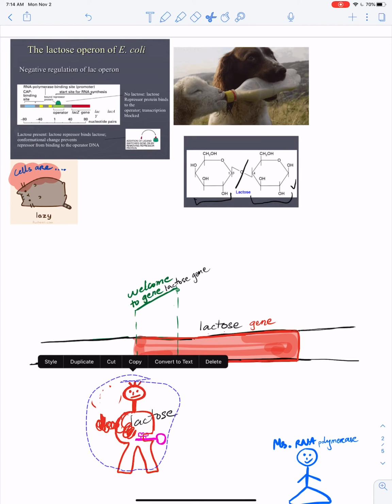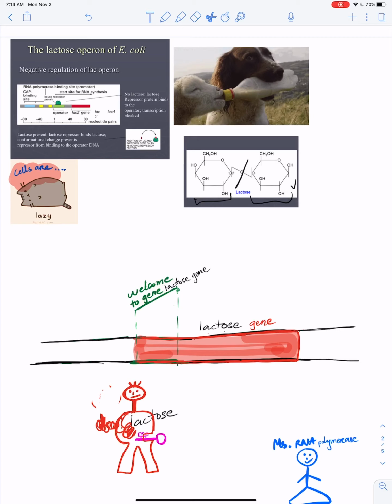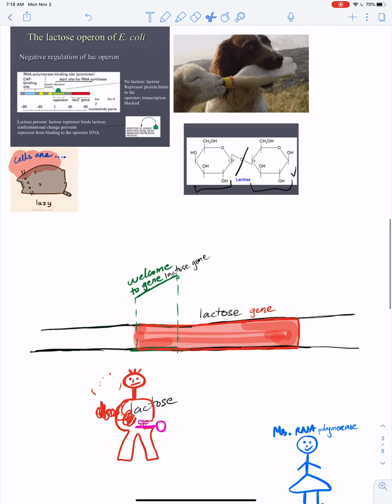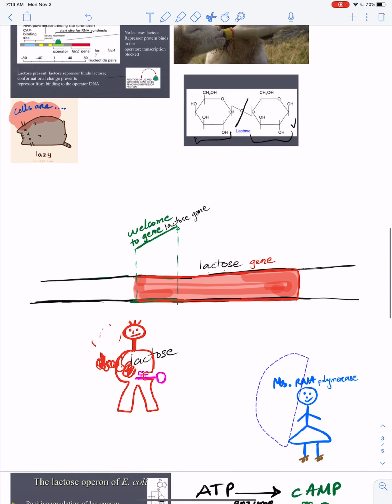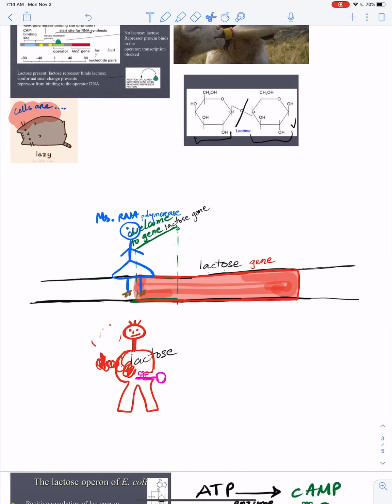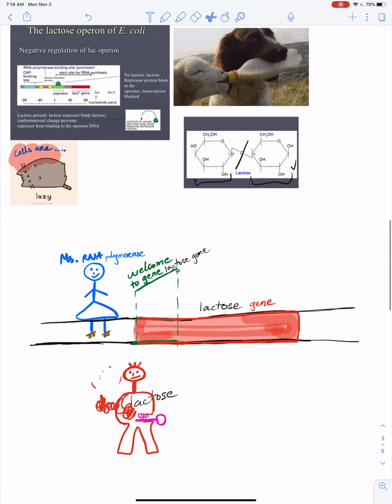So that opens up our doorway, and Miss RNA polymerase can start slowly coming to the promoter, the doorway of the lactose gene. She's going to come in and start to generate the lactose mRNA.